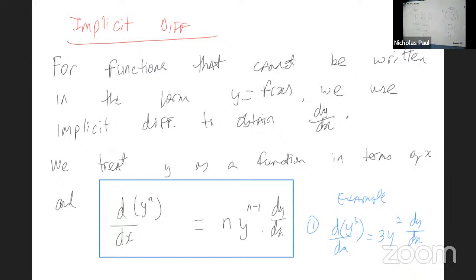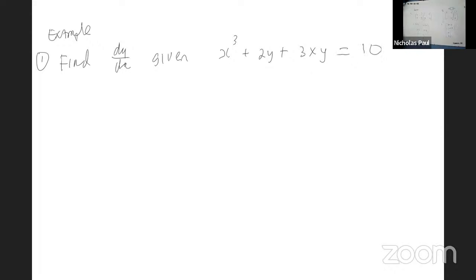All right, let's see. Let's try a full example, right?